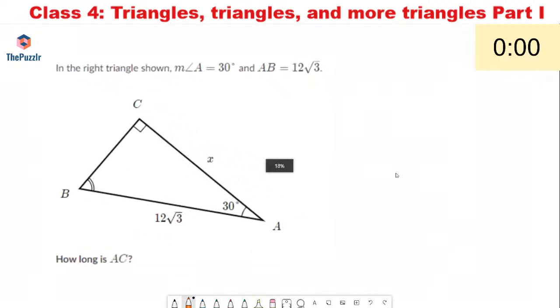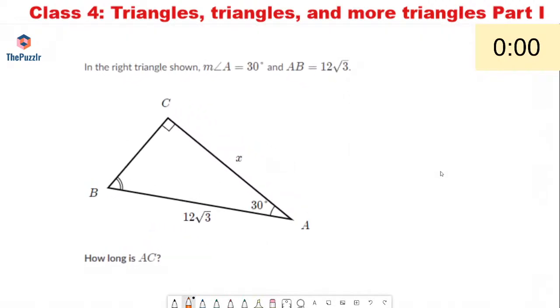Similarly, another 30, 60, 90 triangle. This time they give us different sides. So in the right triangle shown, angle A is 30 degrees and AB equals 12 square root 3. How long is AC?